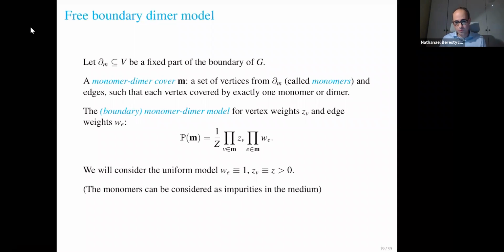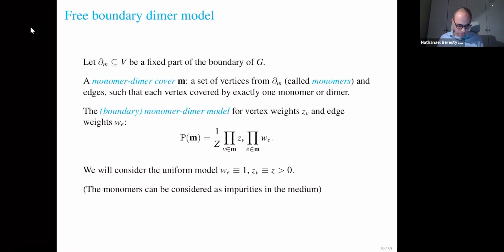And then the model that we want to study is the same as before. We pick such a configuration with probability proportional to the product of the edge weights in your dimer cover, and you also get a different weight for each monomer, Z. So the model we're going to focus on, just for simplicity, will be the case as before, where the edge weight for the dimer is 1, and each monomer contributes a weight Z. Another way to put it is that the probability of a configuration is just Z to the number of monomers in your configuration.